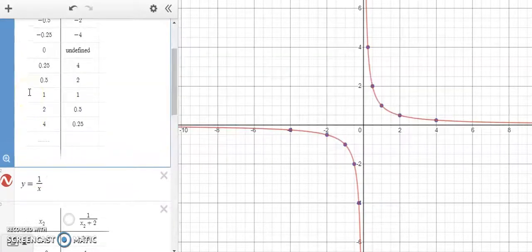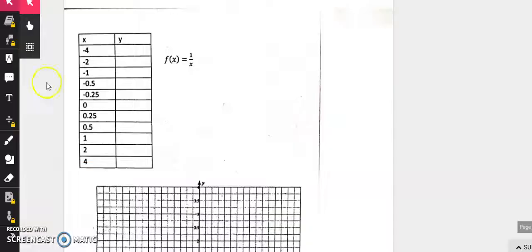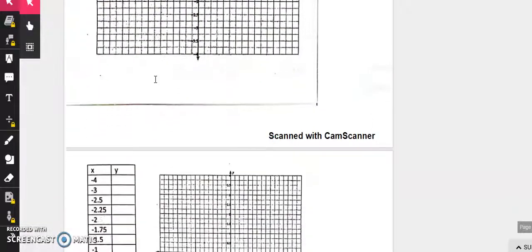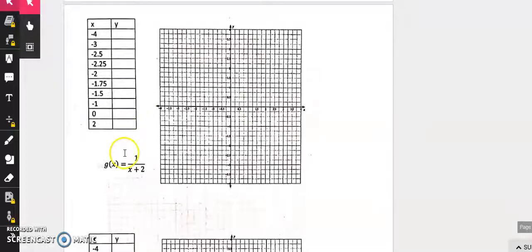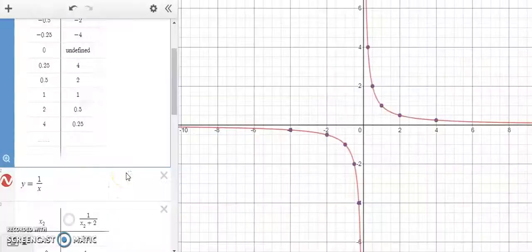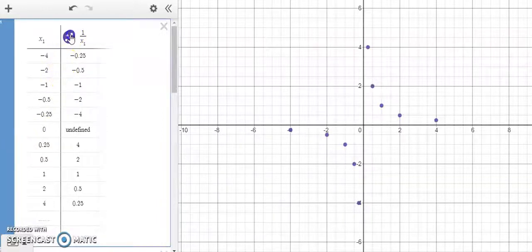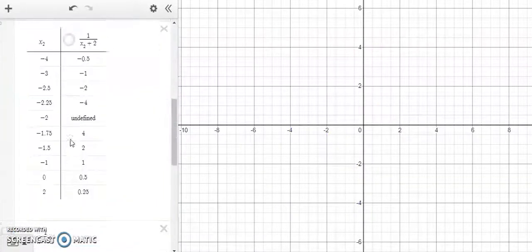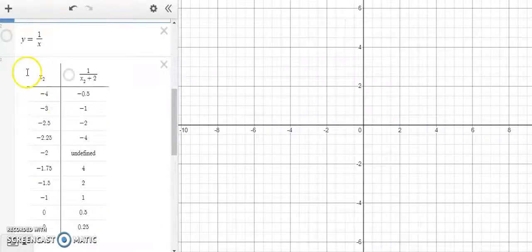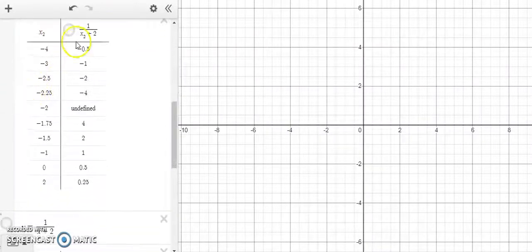So if I look at my second example, if I wanted to see what happens when I change it from 1 over x to 1 over x plus 2, I'm going to make another table. So let's turn this off. As you can see, I've already made this table as well. Notice we get a very, very similar looking set of points.